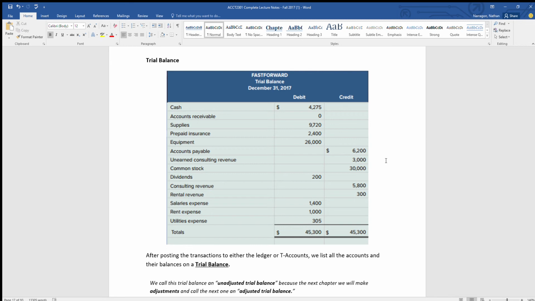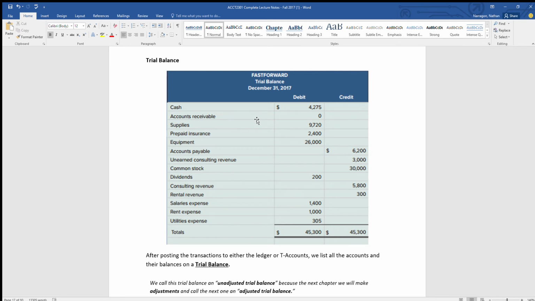This is in chapter 3. We're not in there yet, so no worries. With this, we're going to show all the accounts that have or will have a balance. I don't have to show accounts receivable since it's 0, but we're doing it just because you can see that's happening.